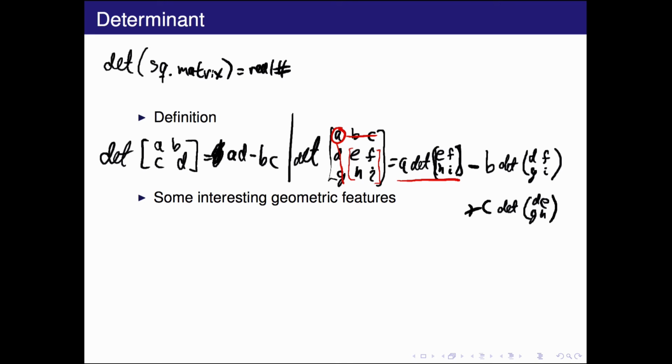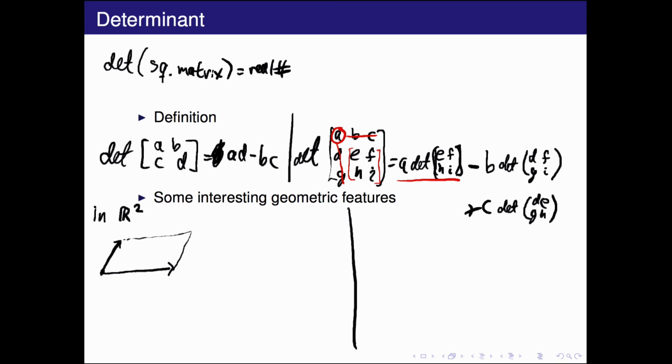The determinant has some interesting geometric properties. It measures something. For one thing, if you hand me two vectors in two-dimensional space, this is in R2, that'll be different from our statement in R3.